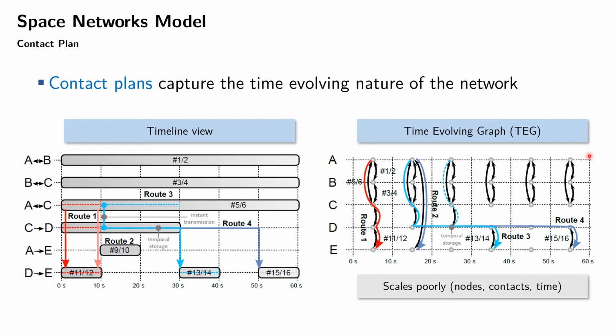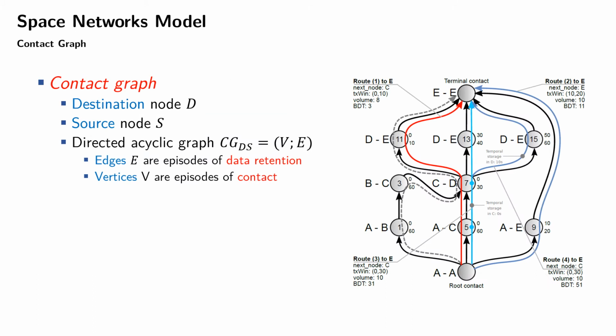The issue with TEGs is that they scale poorly, because as I have networks with more prolonged times, the size of the data structure increases dramatically. The solution for this is the contact graph. And as you might imagine, the contact graph is the constructive element of contact graph routing. A contact graph is a graph structure whose definition is actually quite straightforward.